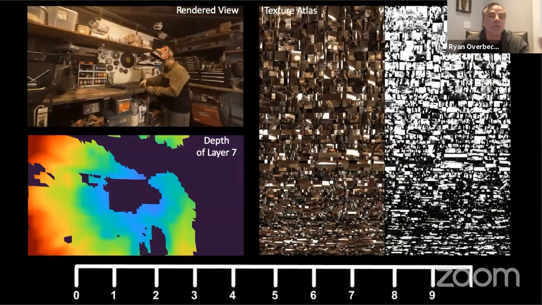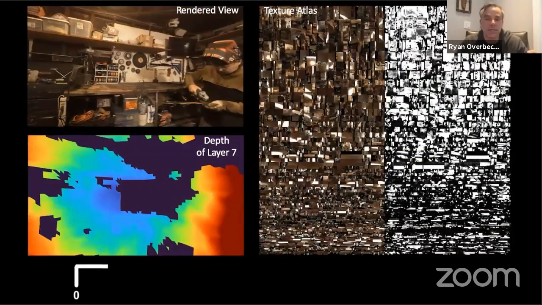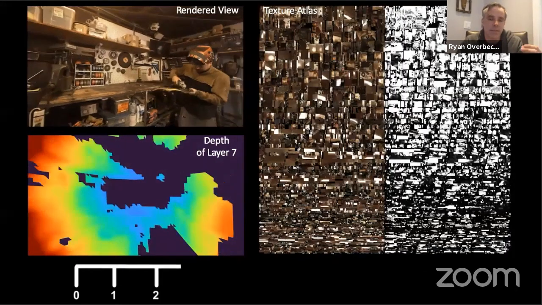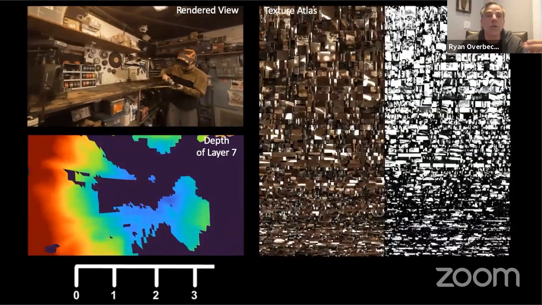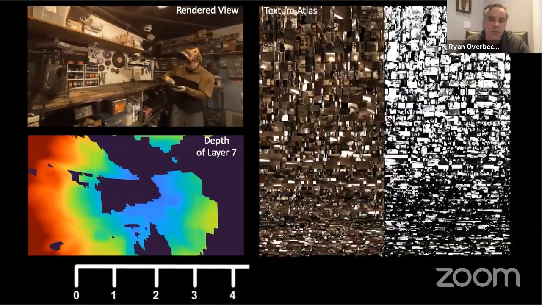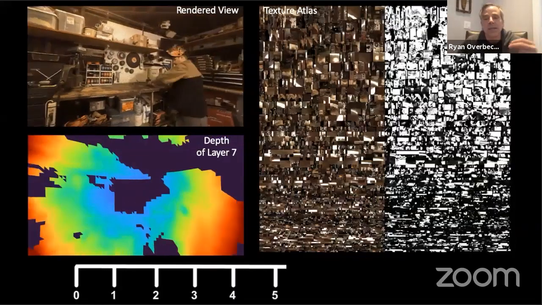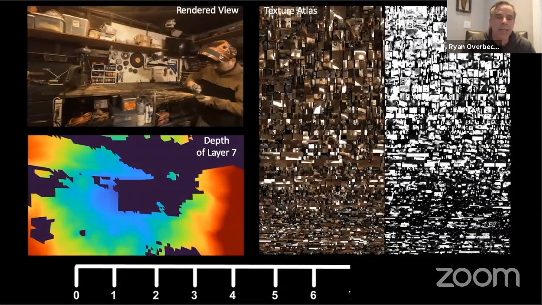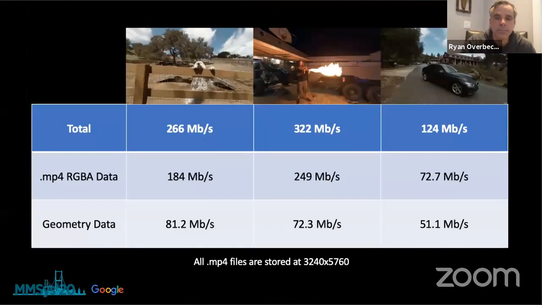That mesh includes texture coordinates that look up into the texture atlas. And then we have per frame vertex displacements to move the vertices forwards and backwards to track the movement in the scene. And we quantize those to 16 bits. And then we can stream the geometry to a client one GOP at a time.